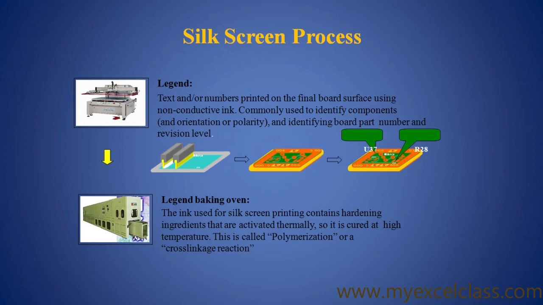This is called polymerization, or cross-linkage reactions. So this oven is used in the silk screen process.